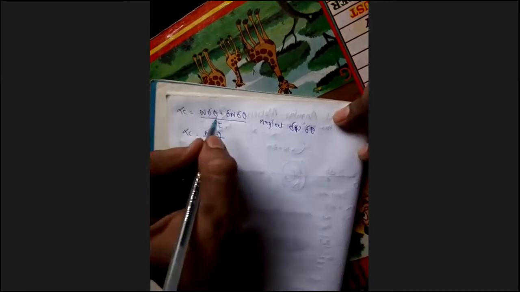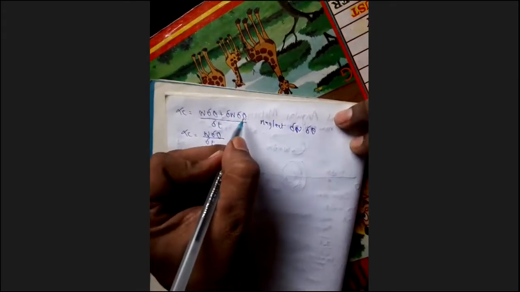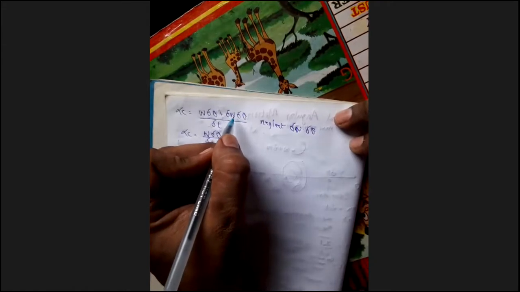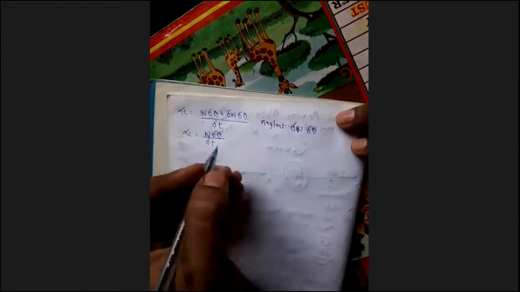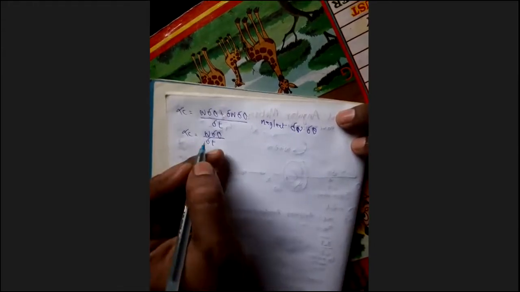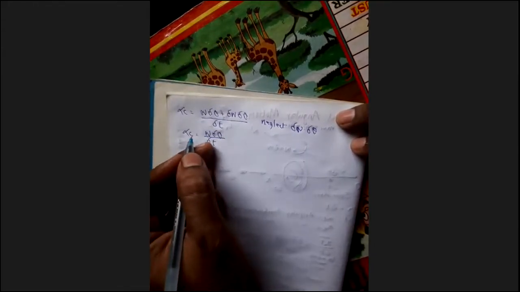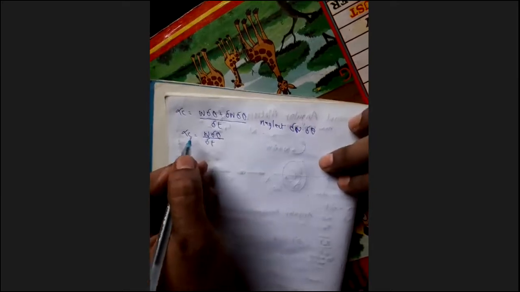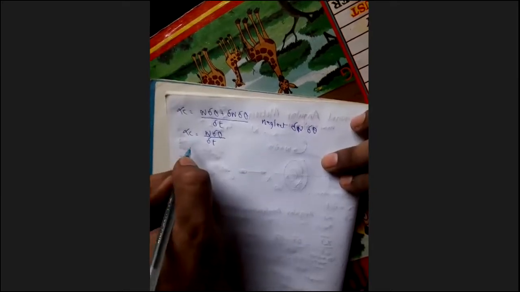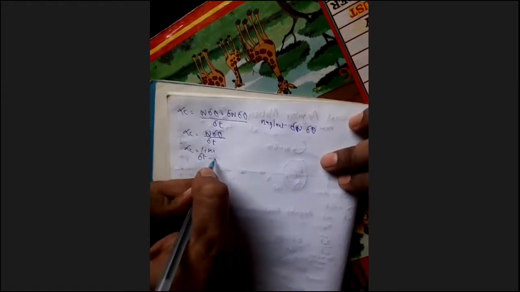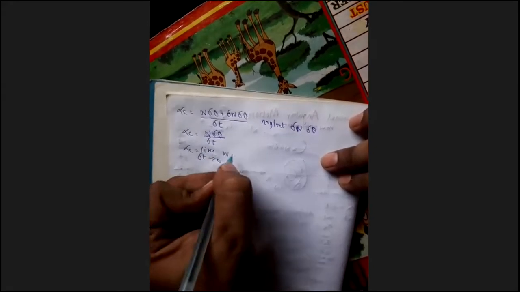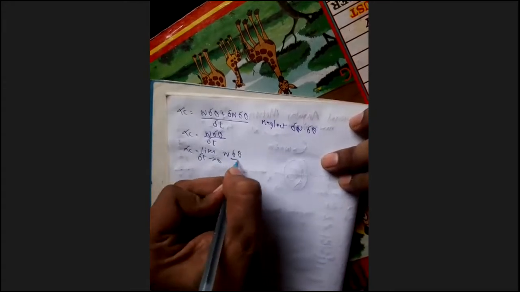You understood why we neglected? These are small quantities, so their product will be further very small. That's why we neglect this. Alpha c, we got the expression omega delta theta by delta t. This is the instantaneous value. To find the total value, we take the limit as delta t tends to 0 of omega delta theta upon delta t.